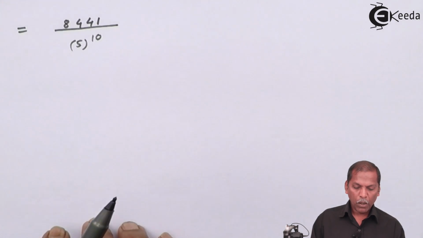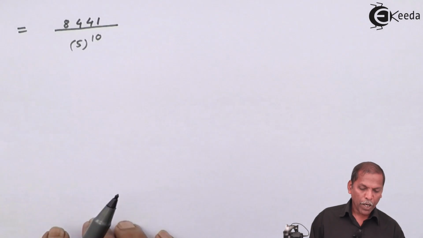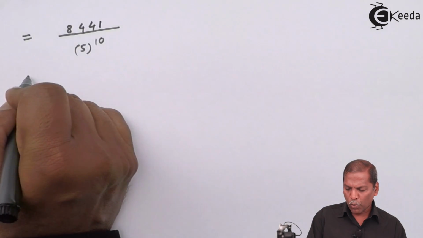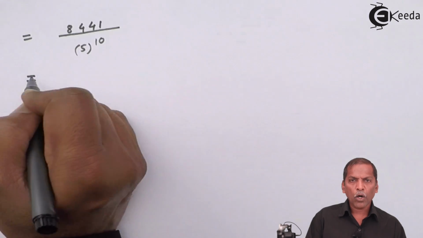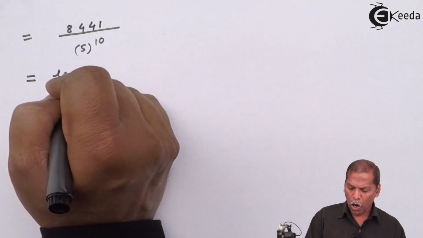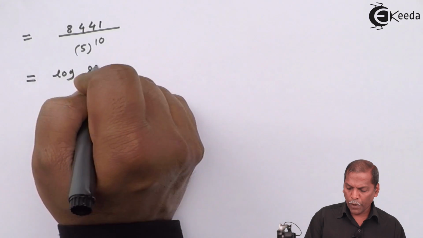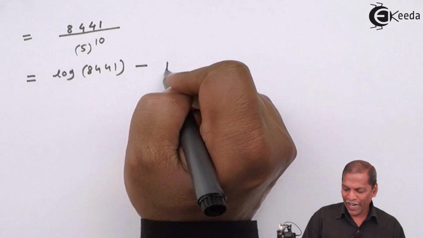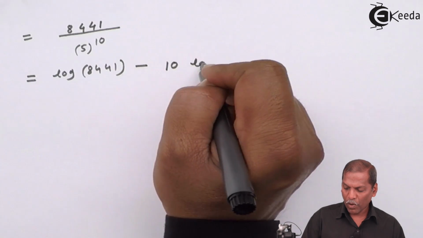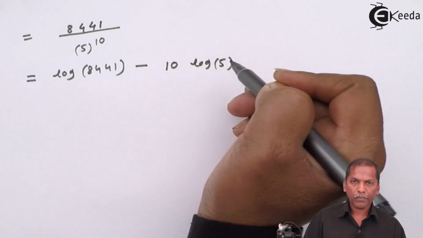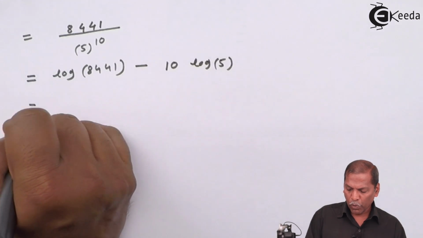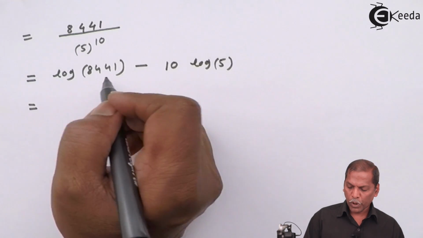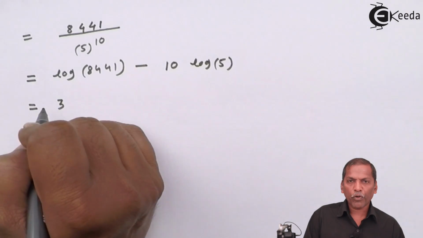Now this calculation we have to do by using the log table. So that is log of 8441 minus 10 times log of 5. Now here we have a 4 digit number, so the characteristic is 3 point.